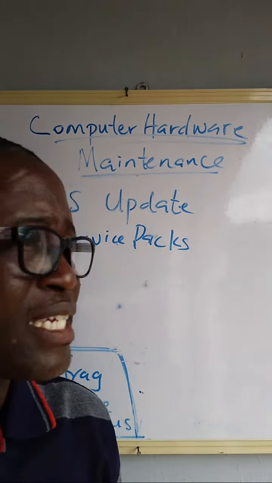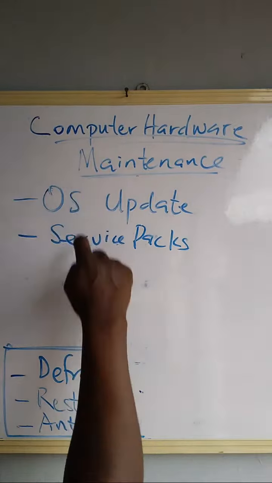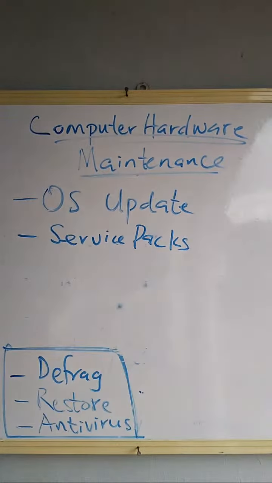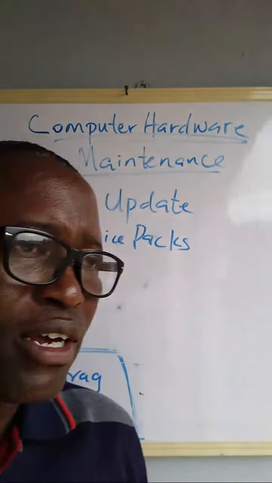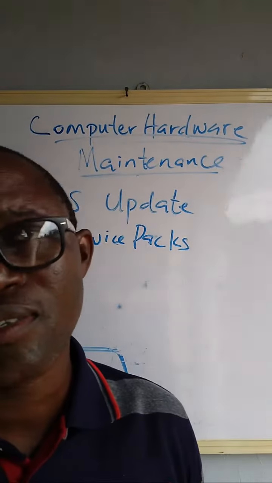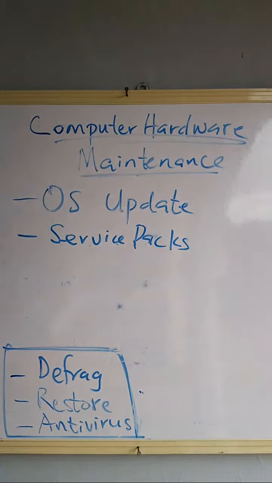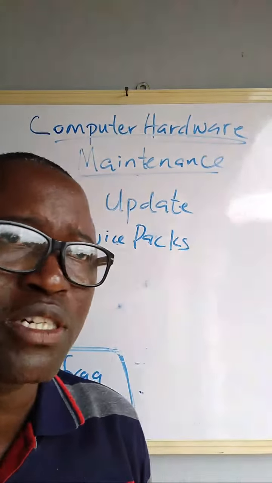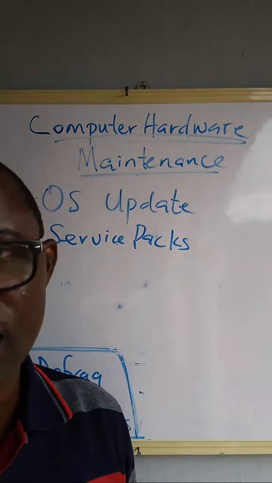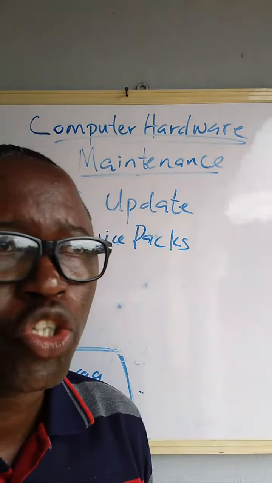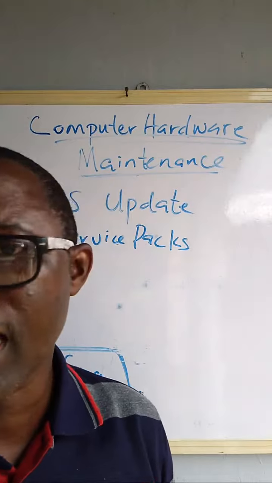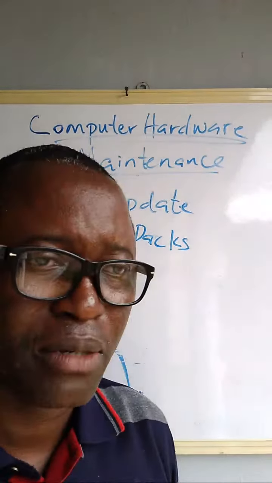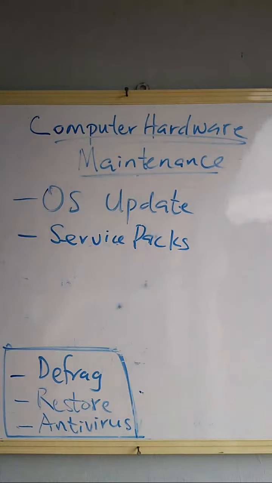So when there's an update available for your operating system, what you need to do is to update the operating system. And you discover that Windows 10, for instance, usually has a lot of updates. So when you are using Windows 10, you must be regularly updating it, and you must ensure that you have internet while using the Windows 10 operating system.